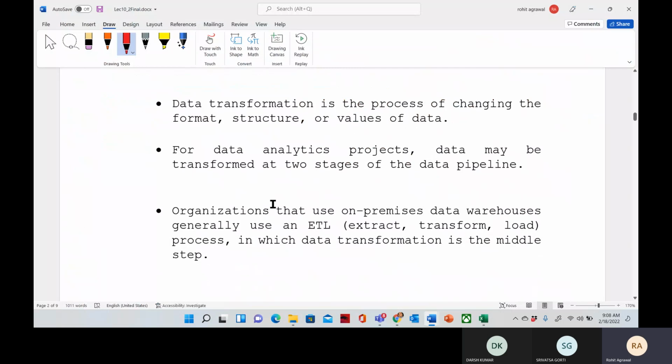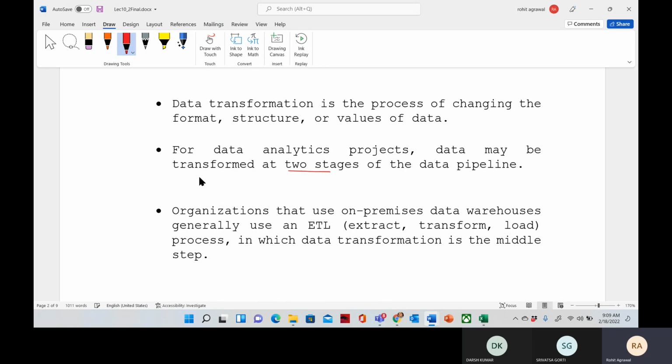So transformation is the process of changing the format, structure, or value of our data. Transformation can be two-stage. Again, I can show you the research paper.